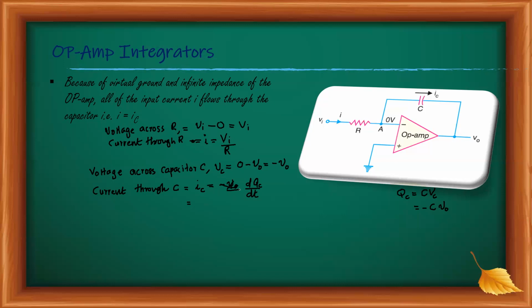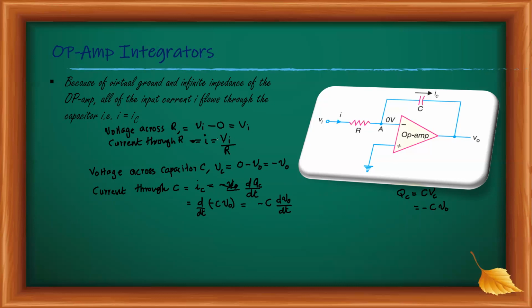So we write IC equal to d by dt of QC, where QC is equal to minus C V0. That is equal to minus C into dV0 divided by dt.